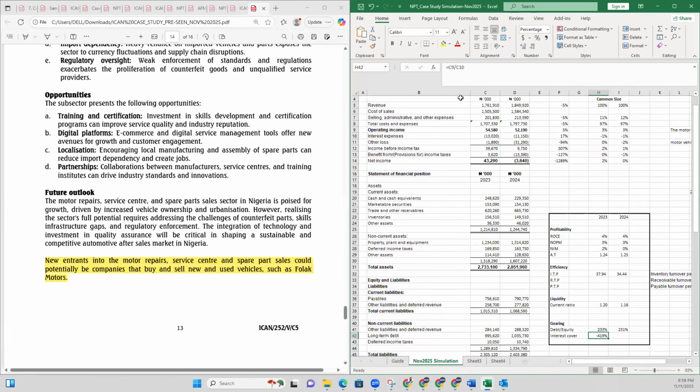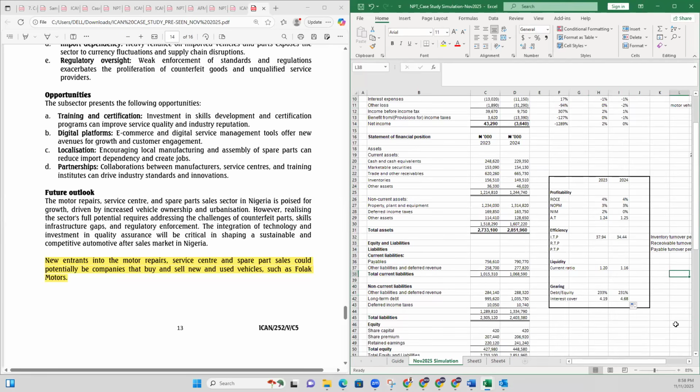If you're happy, we leave it this way, and that's about 4 times. Did it drop? No, it improved. Yeah, and those might be key ratios based on what we've seen so far, right?